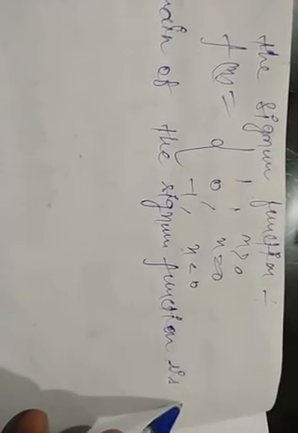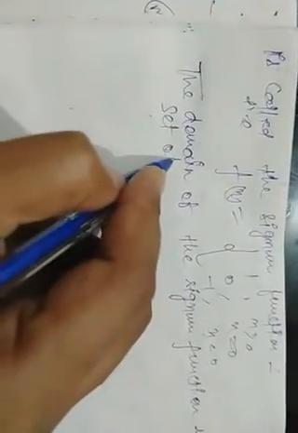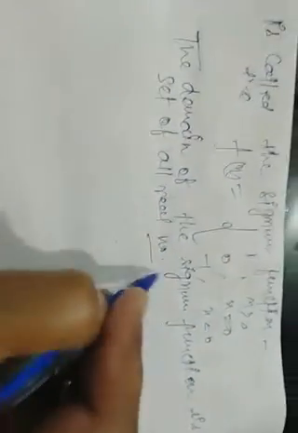That is what the domain of that function is, the set of all real numbers. So the domain of the signum function is the set of all real numbers, that is, the domain of f is R.